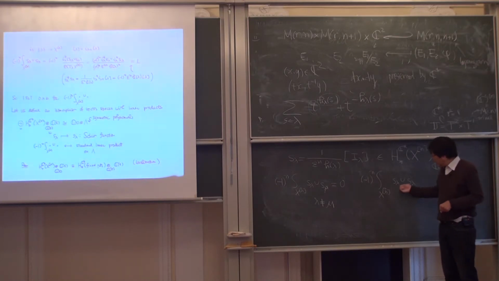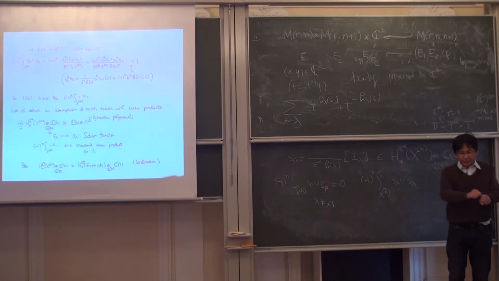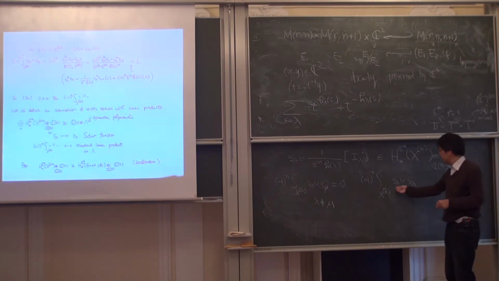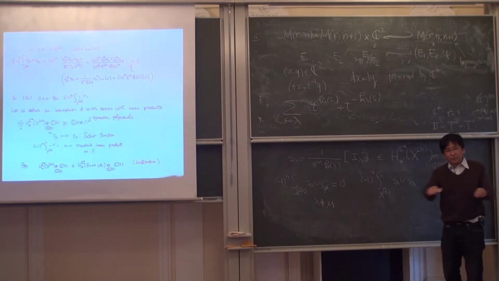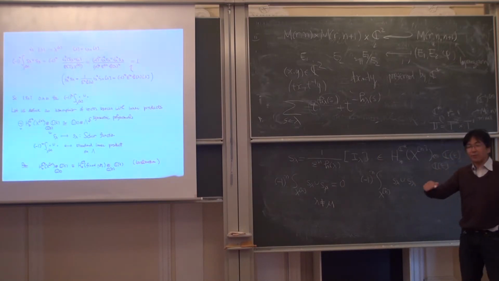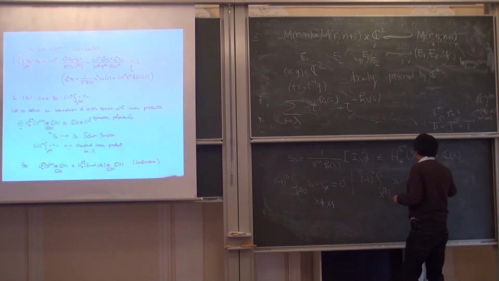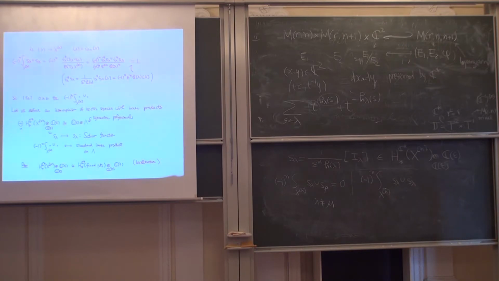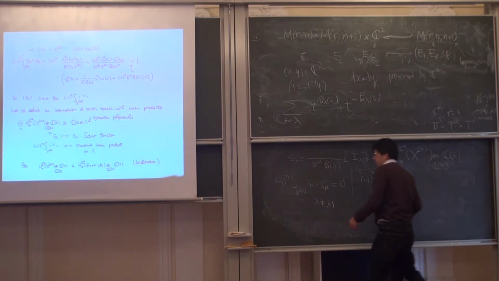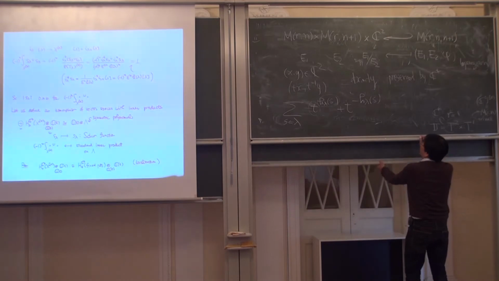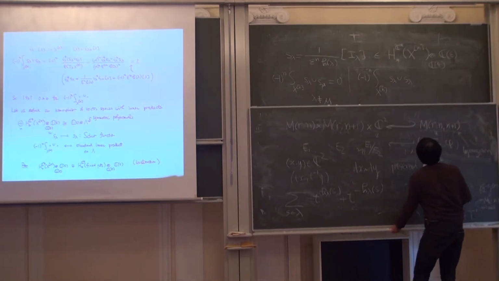Since these are point classes, if you can move them to generic position, then obviously the intersection is 0. But in equivariant cohomology, you cannot move those 2 points into general position in an equivariant manner. So the computation is more subtle, and it is given by the fixed point formula. This is a more general result, which I hope most of you know.